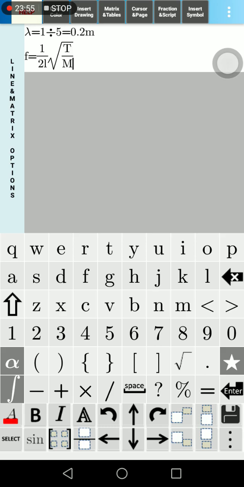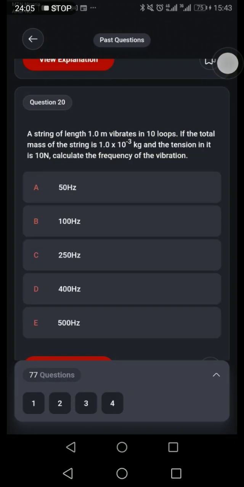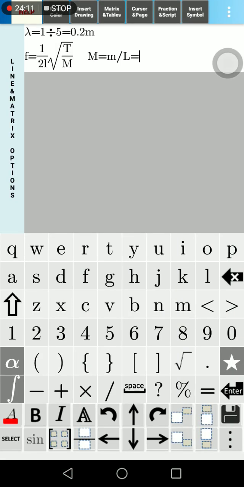So what you have to do is get the mass per unit length. How do you get it? μ is equal to M over length. They gave us the mass as 1 times 10 to the power of minus 3, and the length is 1 meter. So 1 times 10 to the power of minus 3 divided by 1 is still 1 times 10 to the power of minus 3.